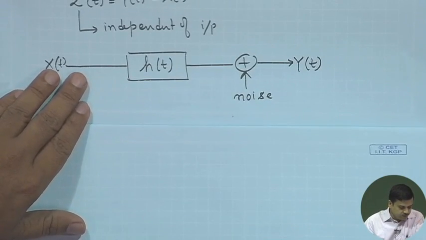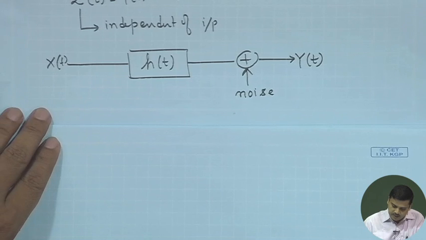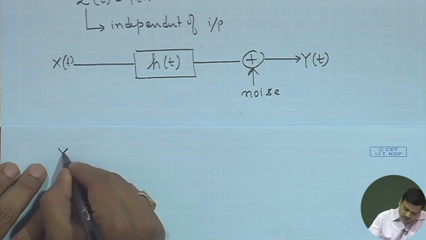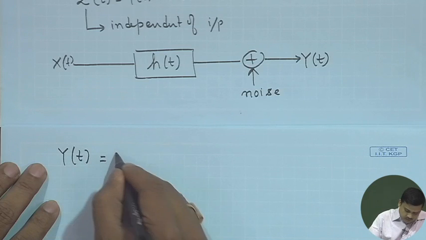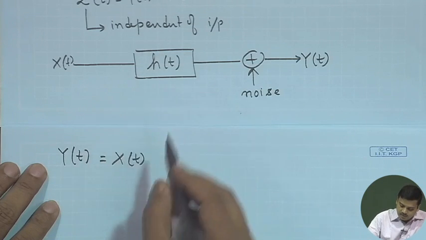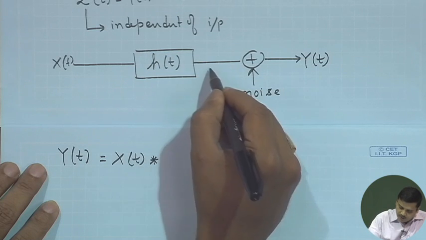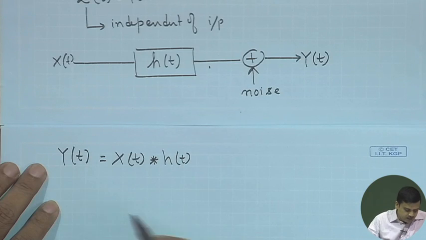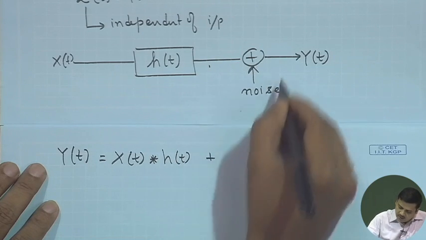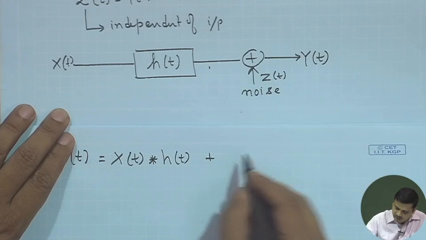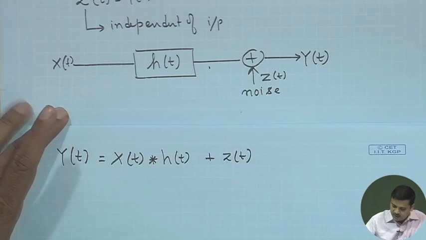In these kind of systems you could write that y of t is equal to the convolution of x of t and h of t, since this is a filter with an impulse response, followed by the addition of noise, which is z of t as we have identified, plus z of t.